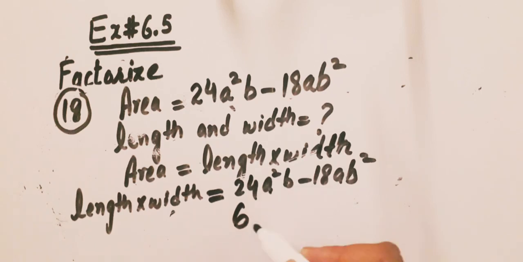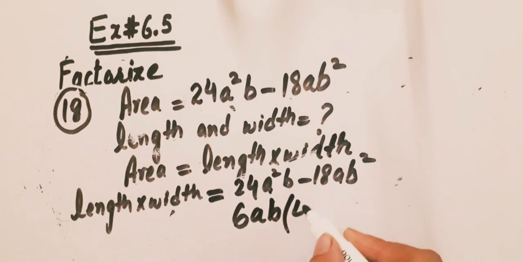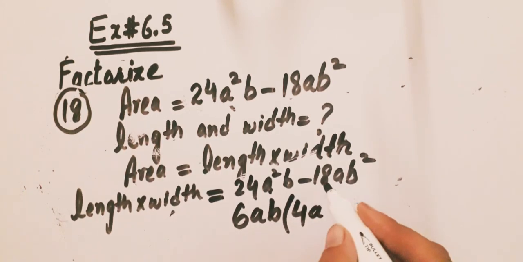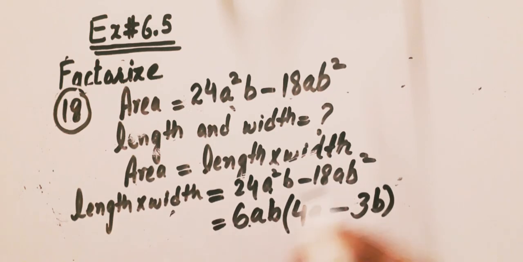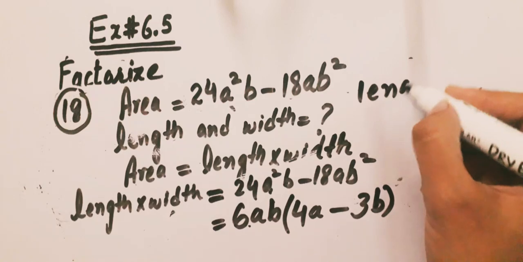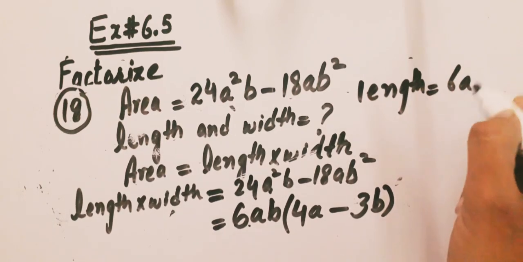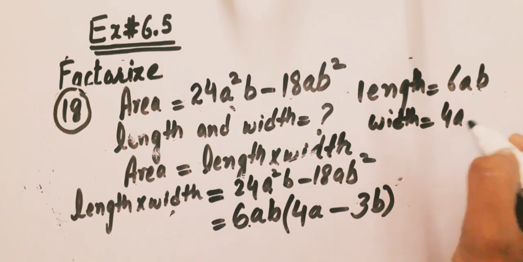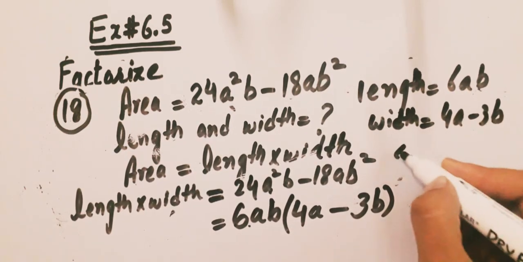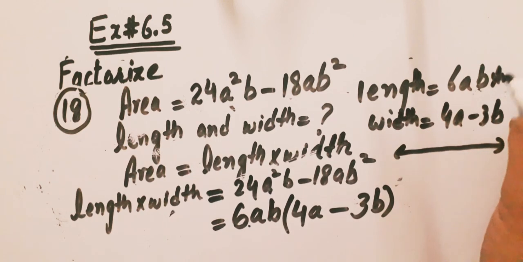A square and a, b and b square, b will be taken as common. 4 a minus, 6 into 3 is 18, so 3 b, and a is taken as common. So you will write that length is equal to 6ab and width is equal to 4a minus 3b. So this is the answer.